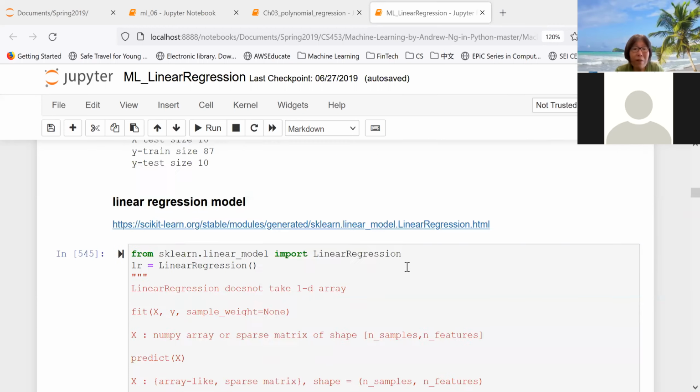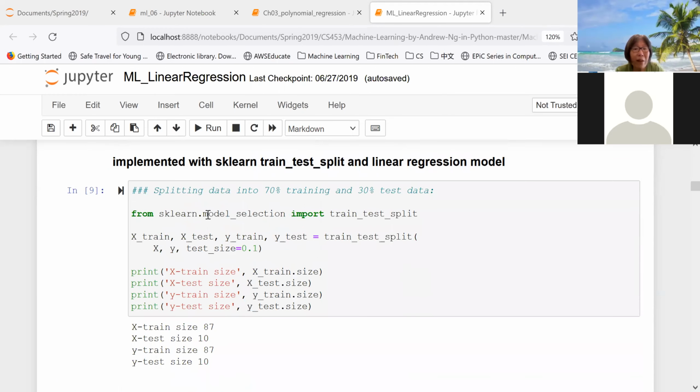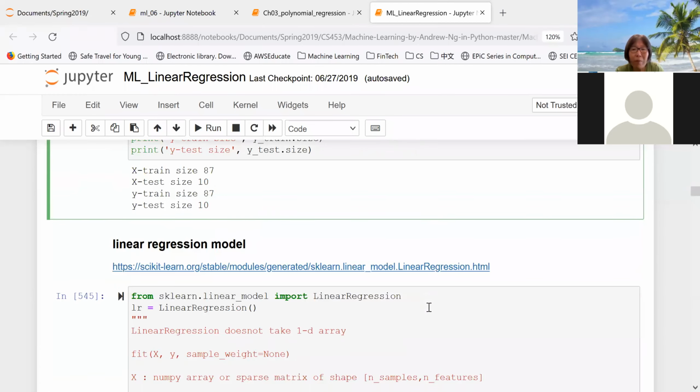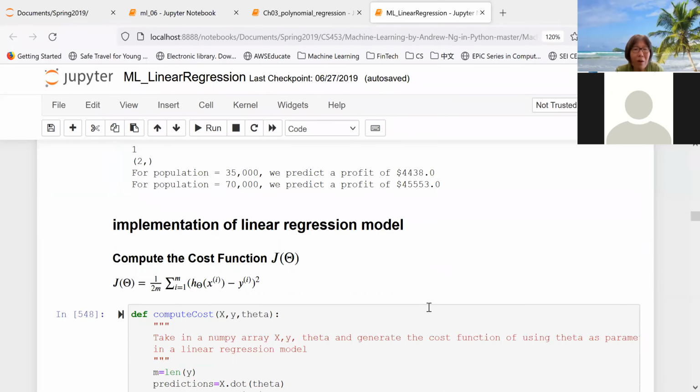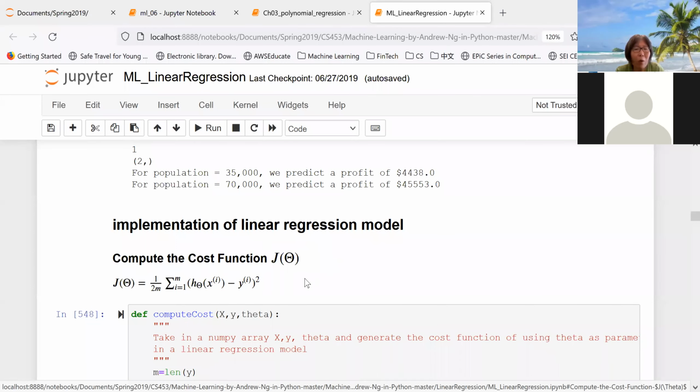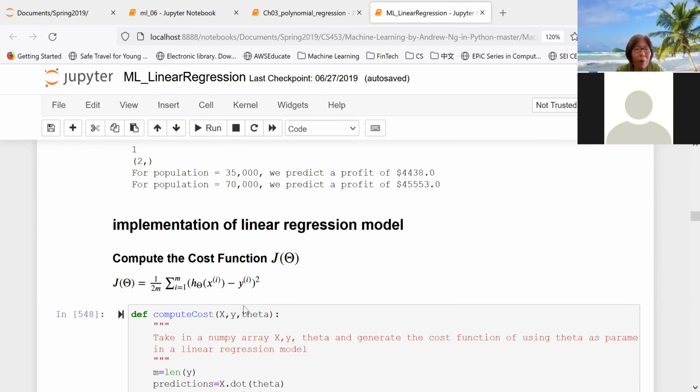So of this example, this part discussed using sklearn, okay. And for the remaining part of this example, it discusses the detailed raw implementation of the cost function. So compute cost, okay.